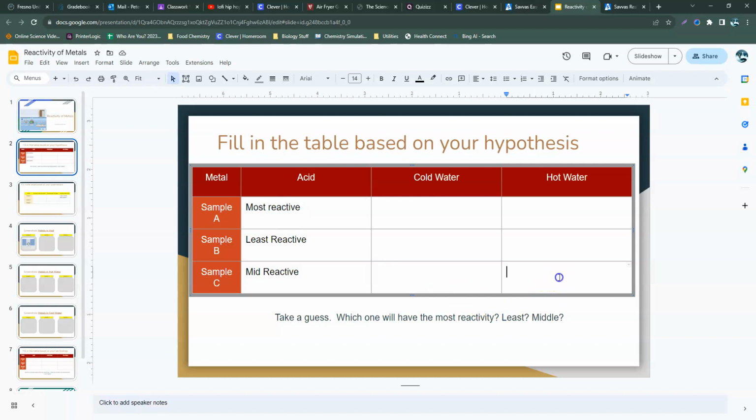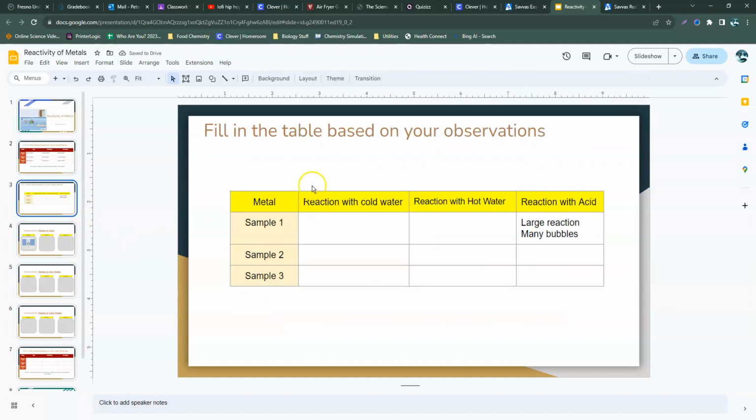So maybe for hot water, I'll make this most, this, and least reactive, this. So I've got my guesses in, so now we have to actually go and do the experiment.